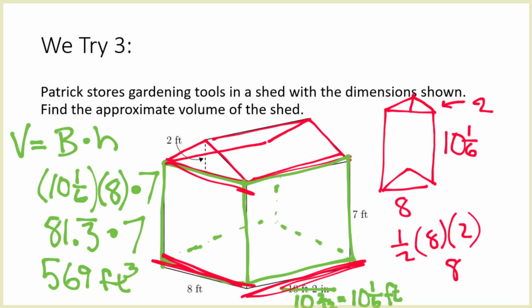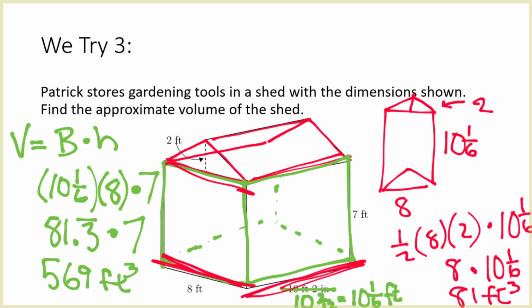And then I need to take that and multiply it by 10 and 1/6. 8 times 10 and 1/6 is 81 and 1/3. But let's approximate now. Let's round down to 81 cubic feet.